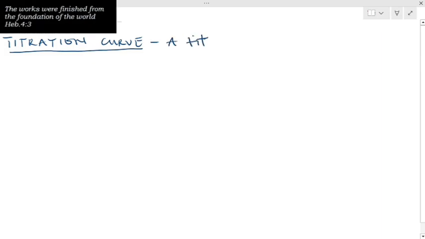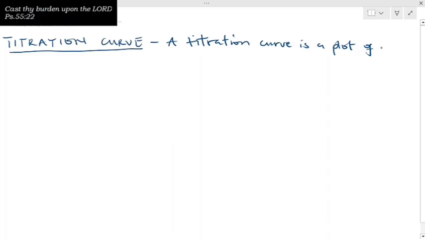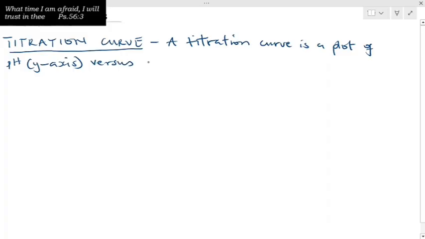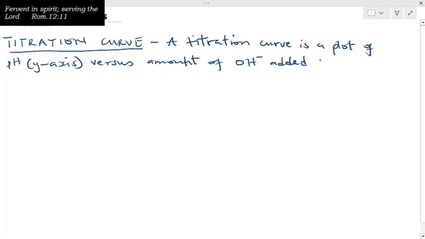A titration curve is a plot of pH on the y-axis, a graphical representation, versus the amount of OH minus added, which represents the base added, on the x-axis.